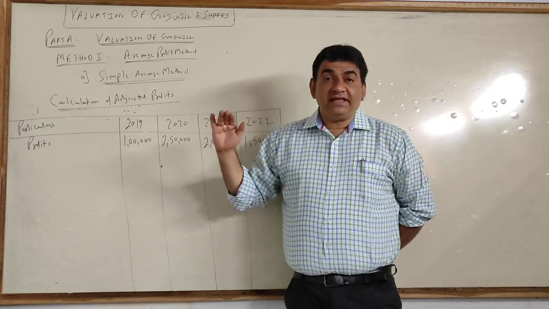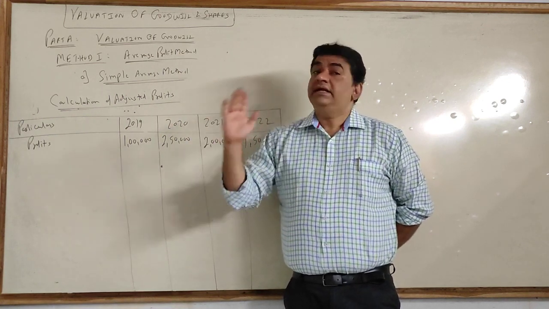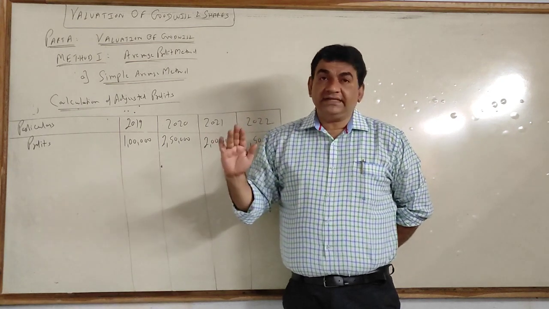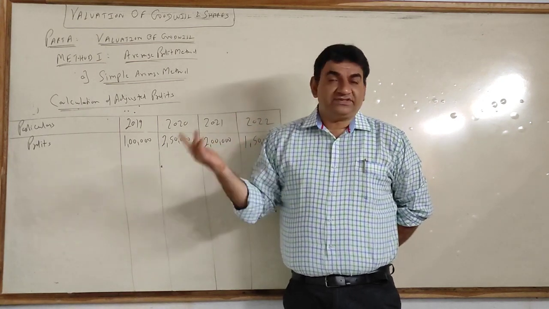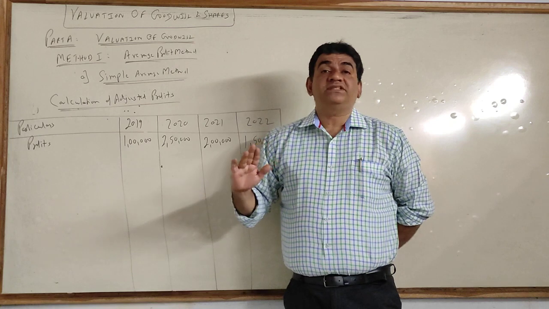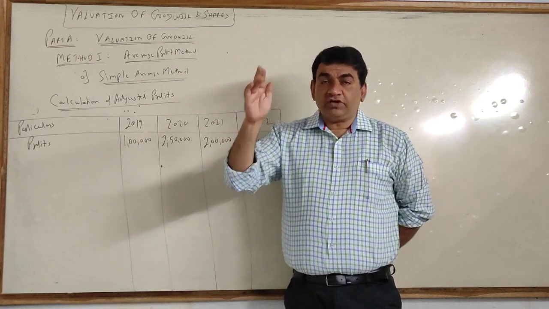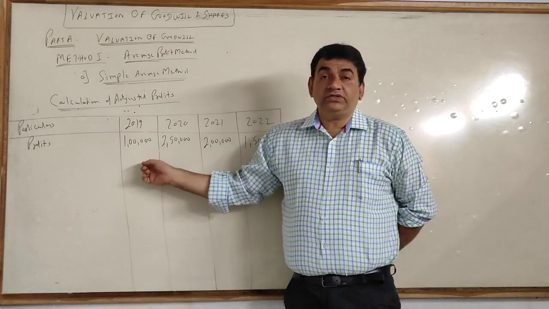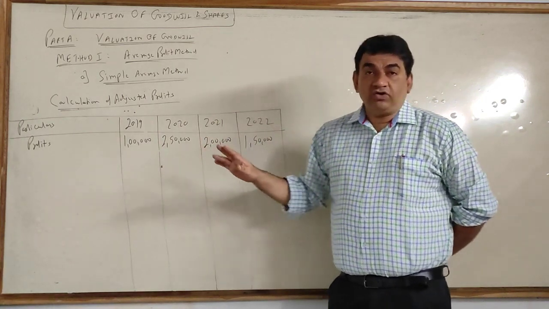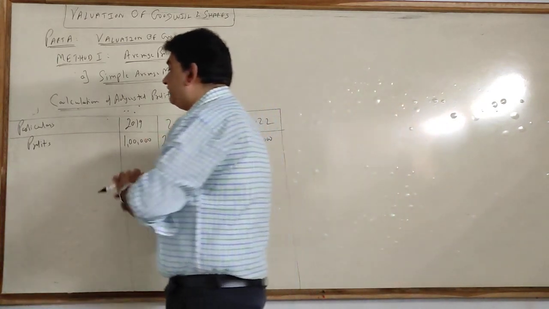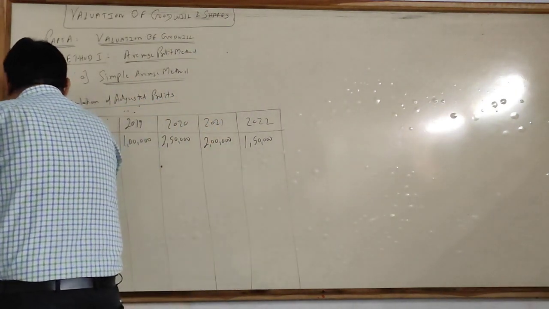So loss by fire is not my genuine business transaction. It is an accident which happens rarely, not a pure business activity. Because of that loss, my profit of 2019 has come down by 20,000. So I will add it back. So what do you do?